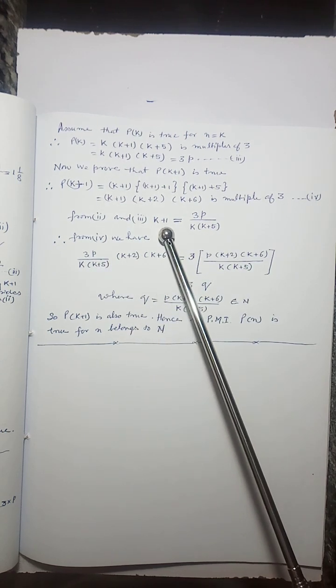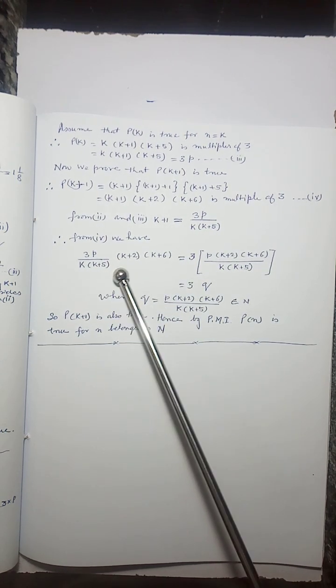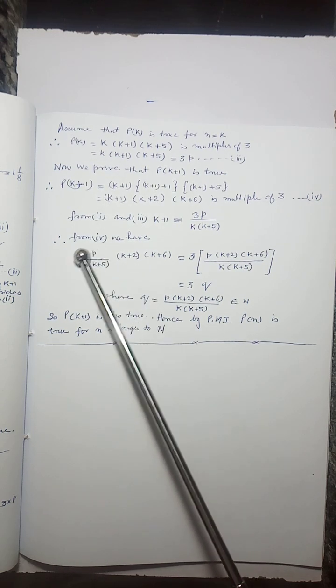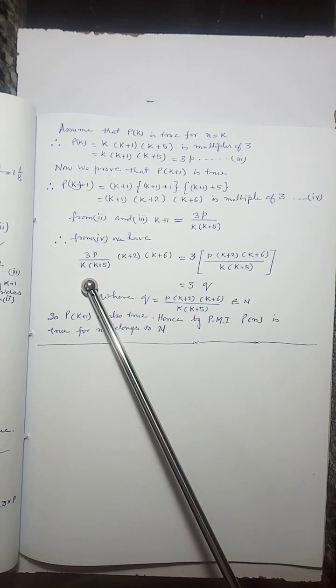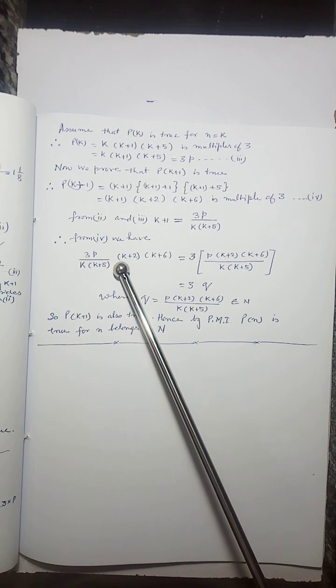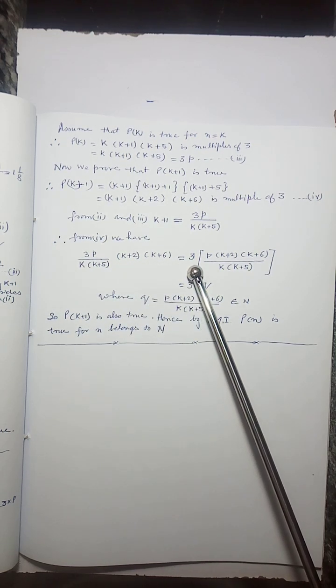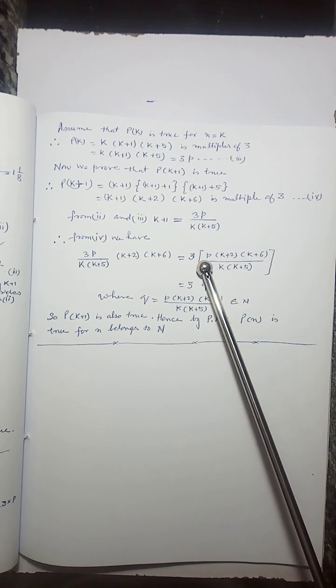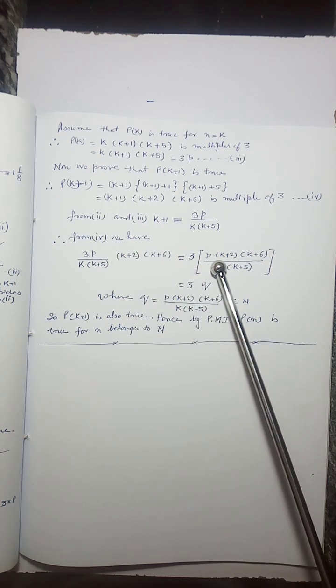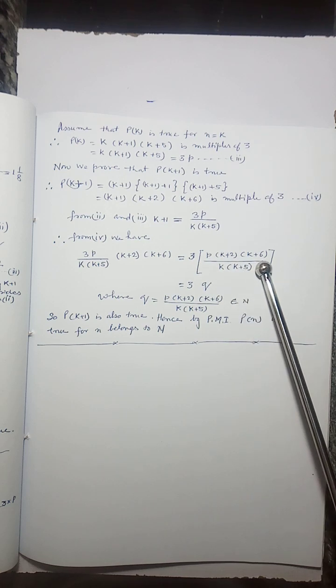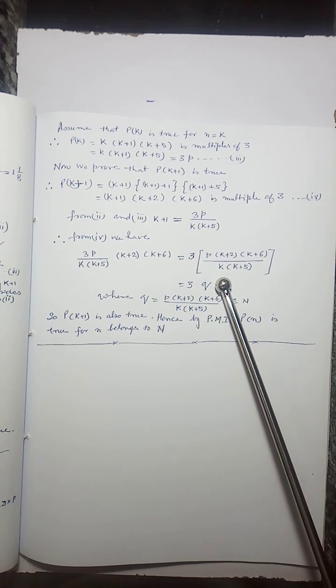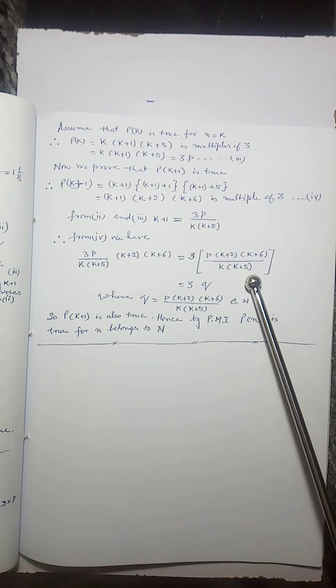Now, in place of k+1, I have written here 3p upon k(k+5), into (k+2) into (k+6), is equal to 3. Just multiplied it: 3p into (k+2) into (k+6) whole divided by k into (k+5).